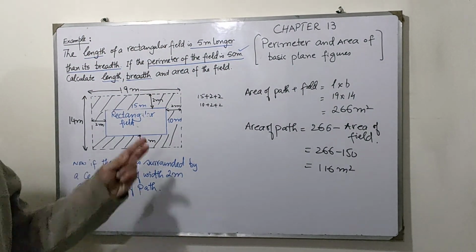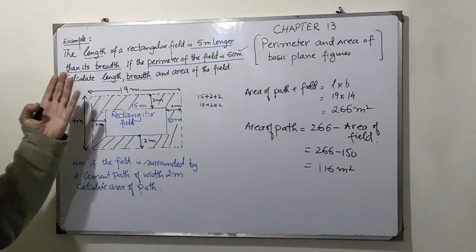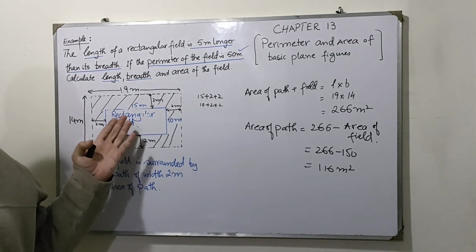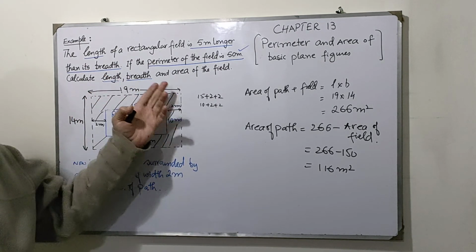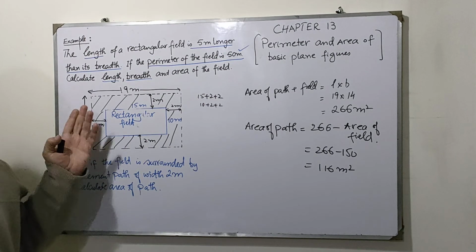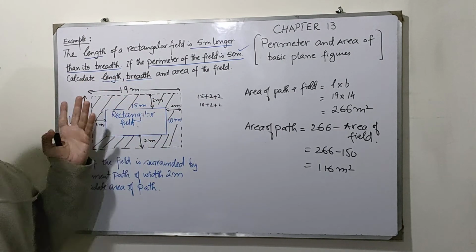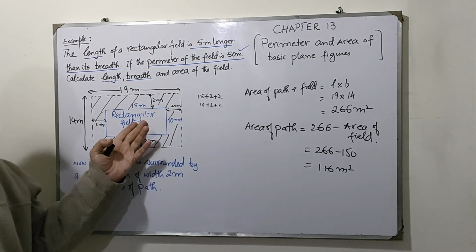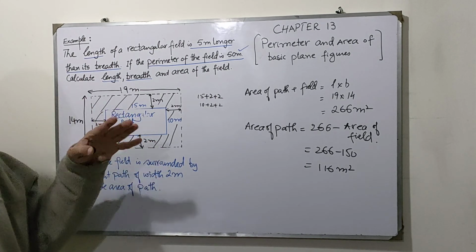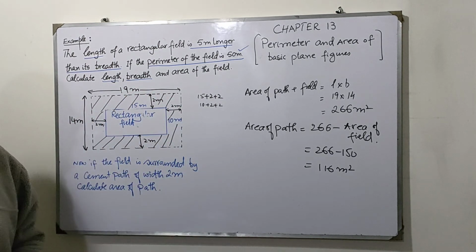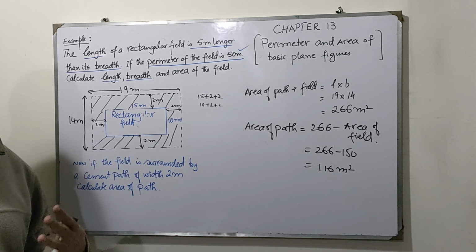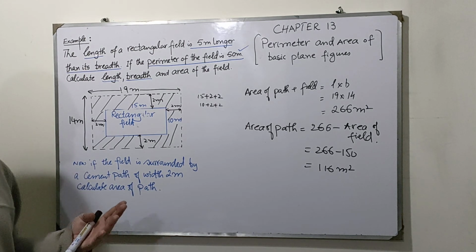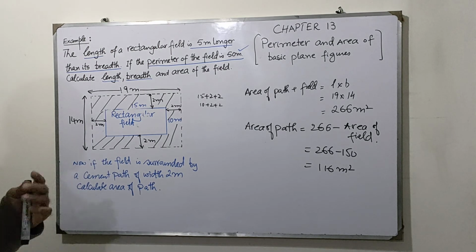So you see, we calculated the area of this rectangular field, and then it was surrounded by a path. To calculate the path, we included the rectangular field with the path, and then we subtracted the field, and we got our answer. This is one of the approaches which is easier to solve, and you might not forget it.